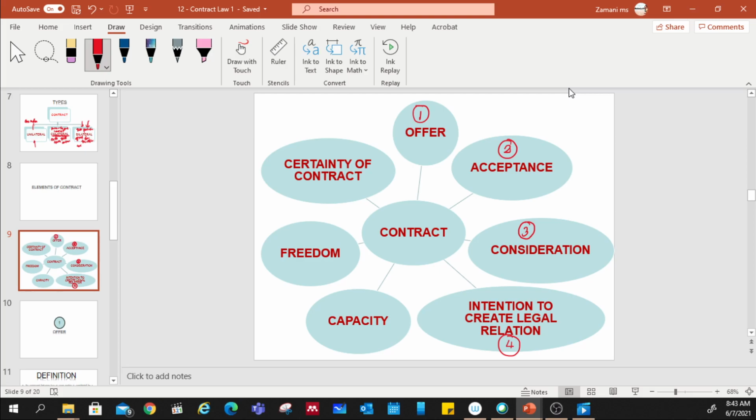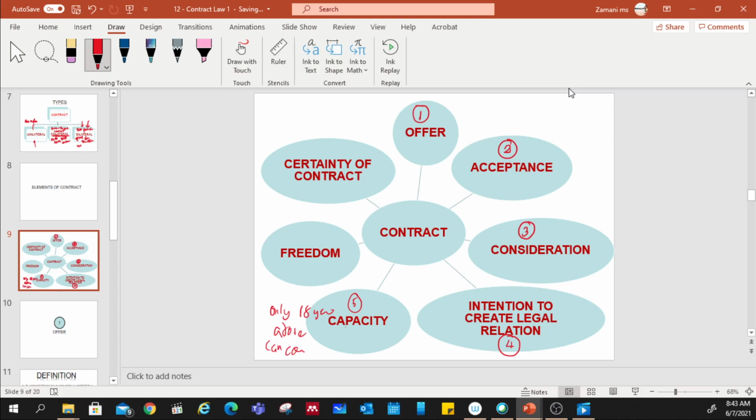The fifth one is capacity. Capacity is whether you are entitled to sign the contract. The rules are very simple, for example, only those 18 years and above can proceed with the contract.